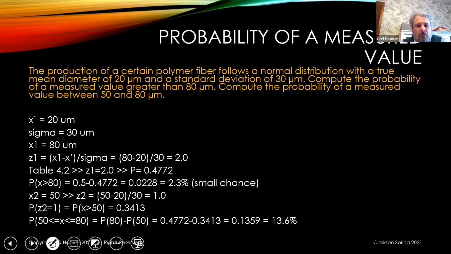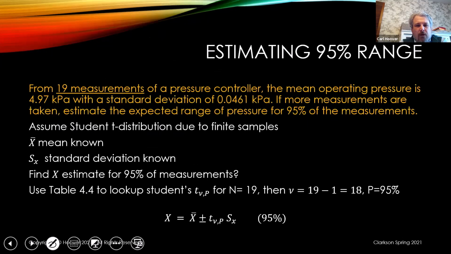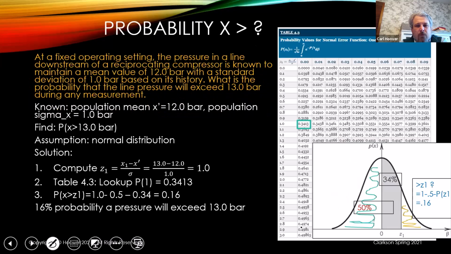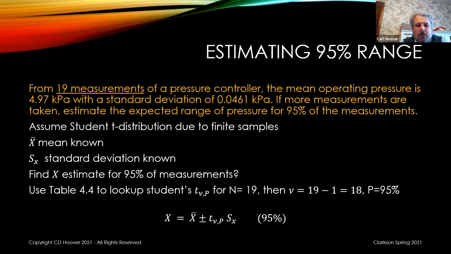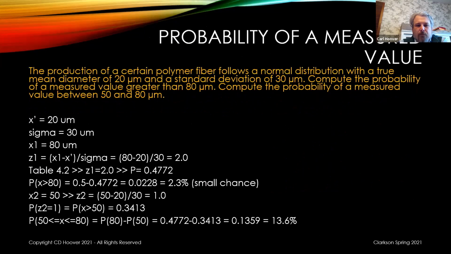So let's go back. So a Z-score of 2.0. Let's find that back on the table. So 2.0, that's 0.47 right there. So 0.477. We subtract off 50%, so 0.5 minus that gives us a small chance of being greater than 80.